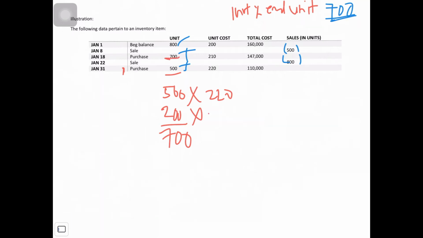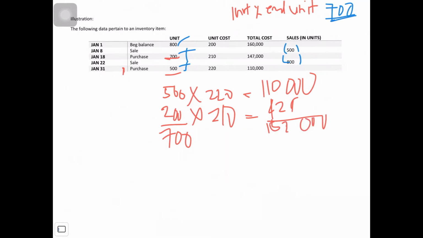So, times 210. So, 500 times 220, we have 110,000. And then, 200 times 210, we have 42,000. So, plus 110,000, we have 152,000. So, that's 152,000, guys.